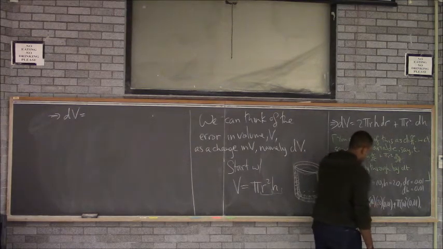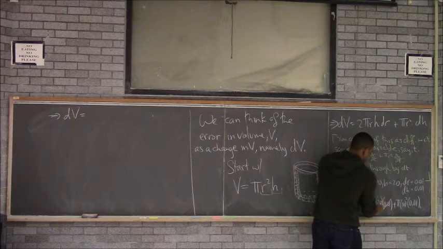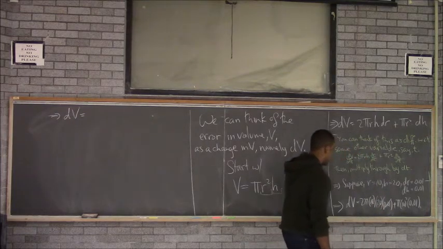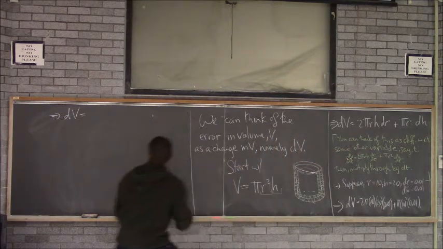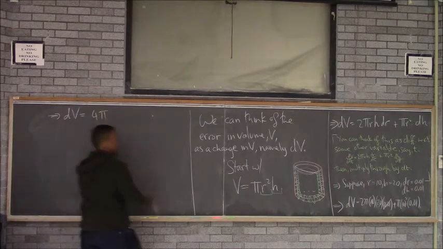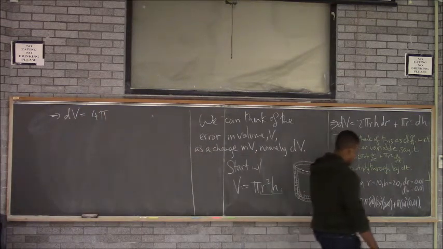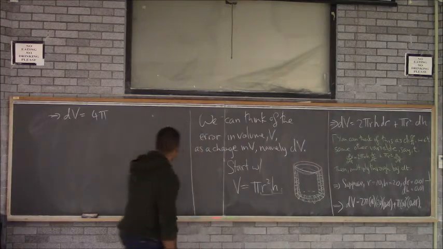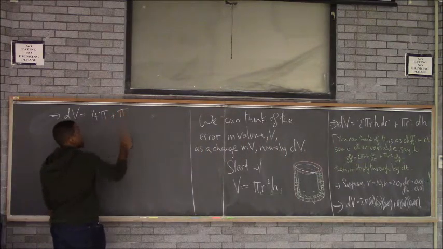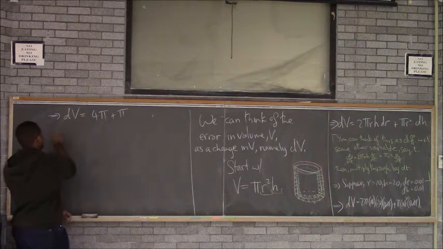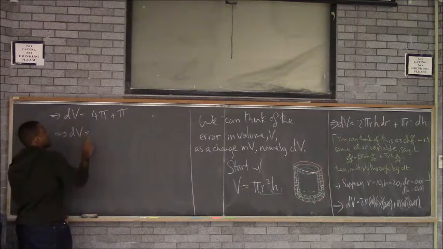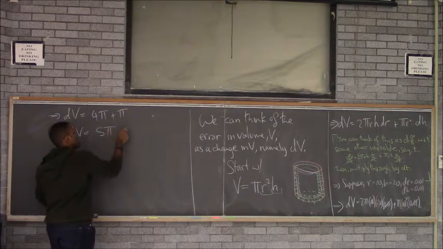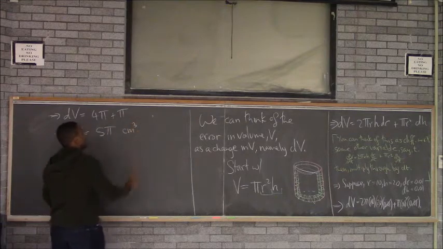So this is 200 times 0.01, pretty much the tens kill the decimal part, and we have 4 pi here. And this is 100 times 0.01, so that kills the decimal part, and we just have 1. So this means the change in volume is going to be 5 pi centimeters cubed.